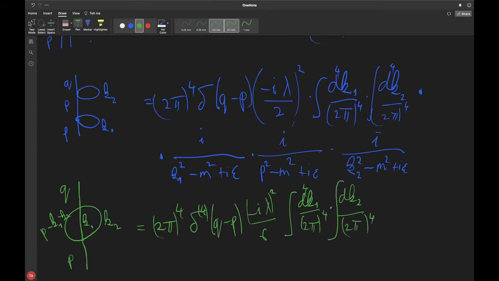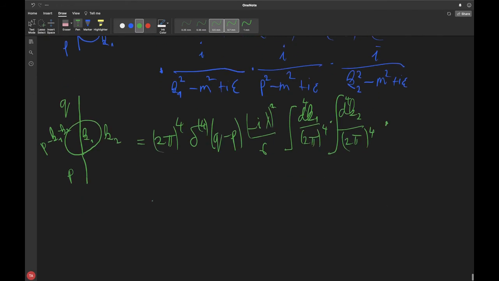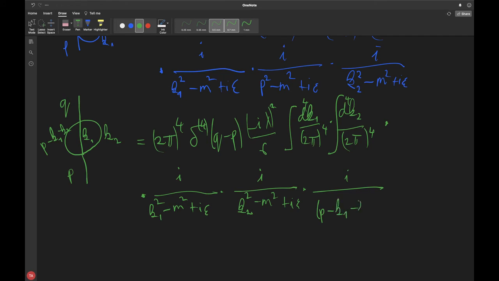That's our second integral, a four-dimensional integral of, again, these propagators: i over k1 squared minus m squared plus i epsilon, and k2 squared minus m squared plus i epsilon, and the last one, p minus k1 minus k2 squared minus m squared plus i epsilon.